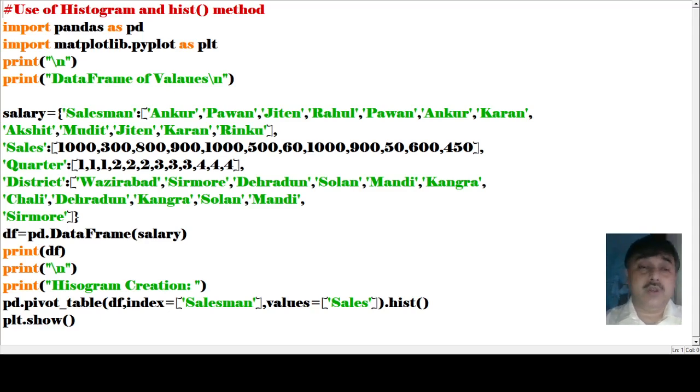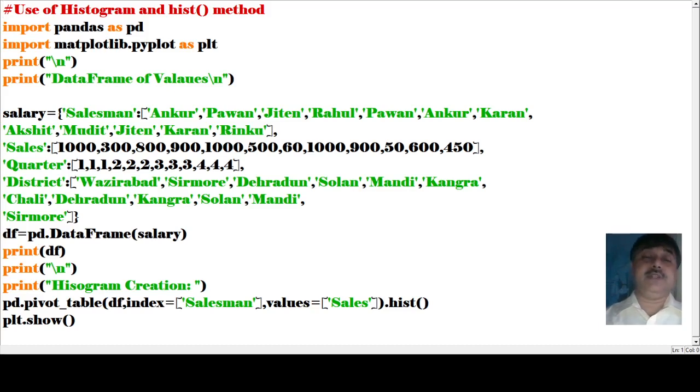So we have called two things here: one is matplotlib, and the other is pyplot. Then you see that we print a new line with backslash n, and print the data frame values.